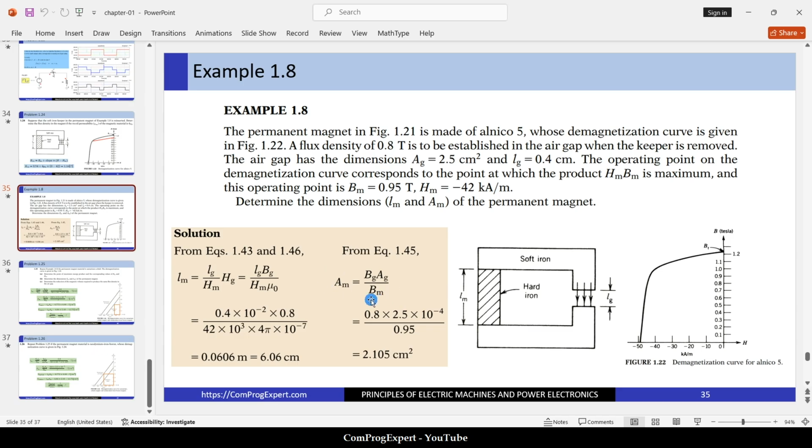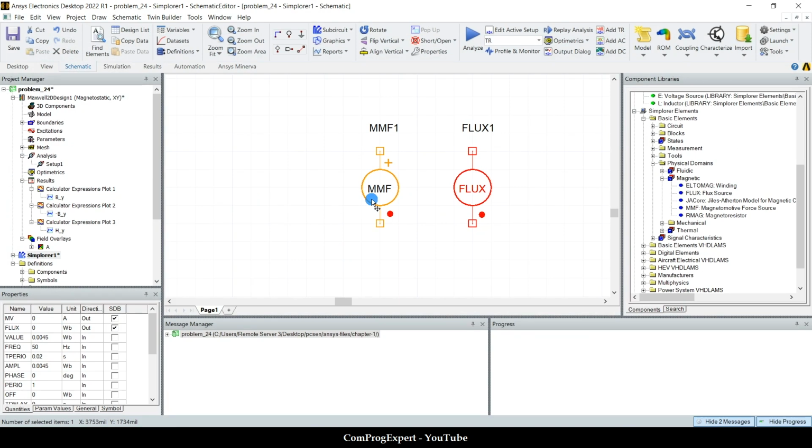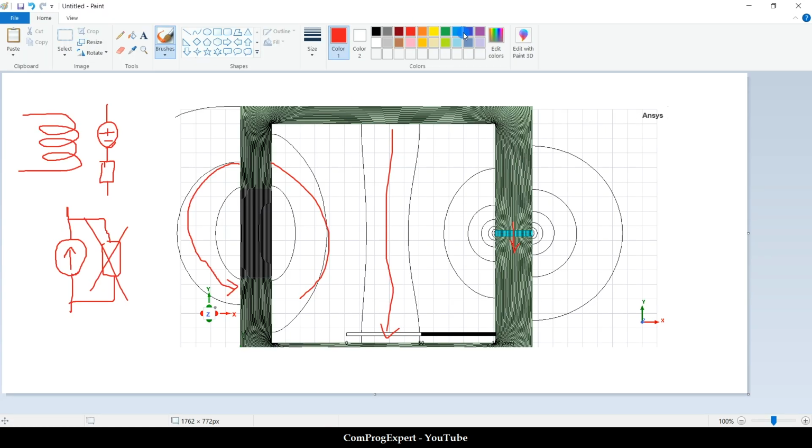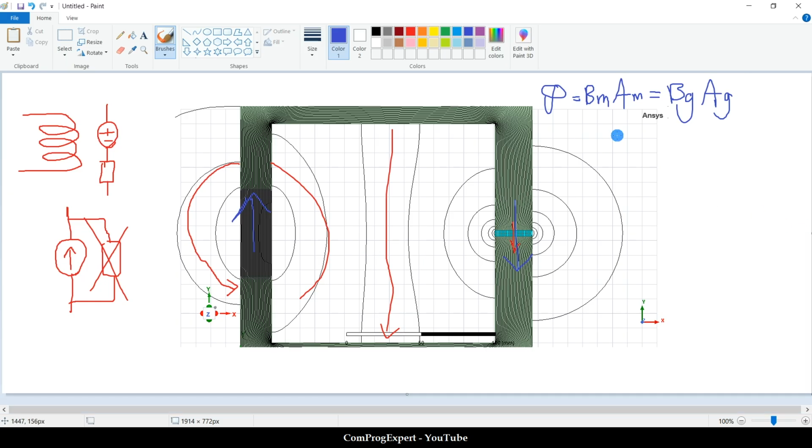So we wrote this equation. If we have this Bm in the magnet and this in the air gap, phi is constant. Bm Am equal to B gap A gap. We don't have this situation, right? We have leakage flux and only a percentage of this flux is passing through the air gap.